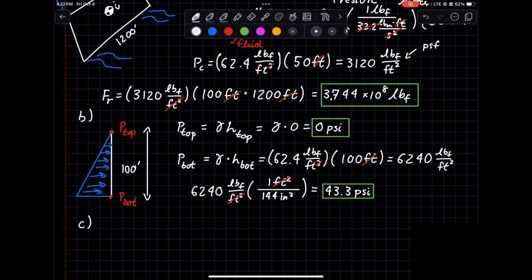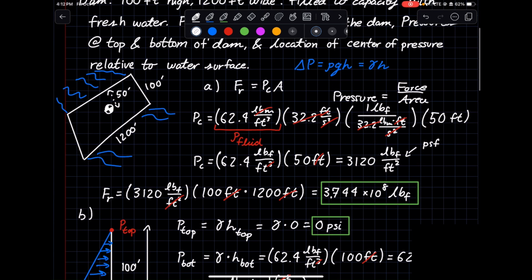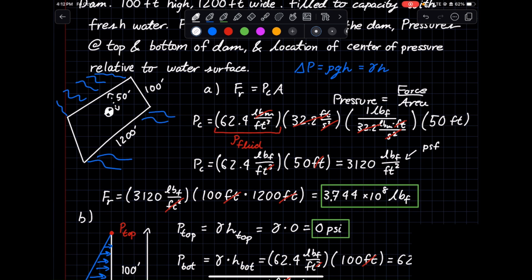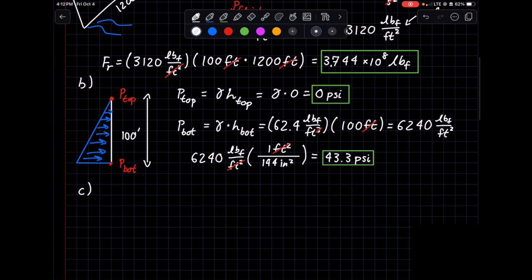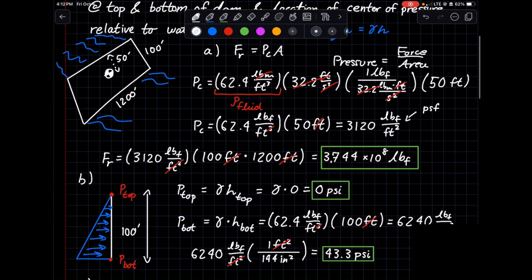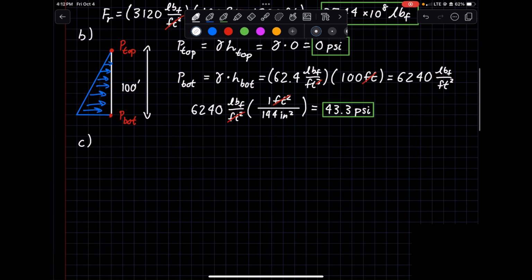Now what do we need to find for part C? It is the location of the center of pressure relative to the water surface. So the center of pressure is described by this equation. That's not a gamma, this is a y.